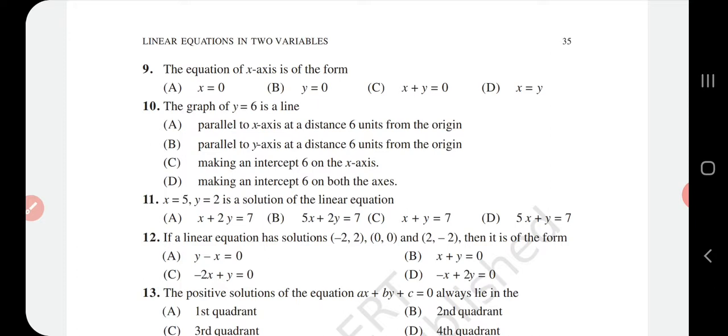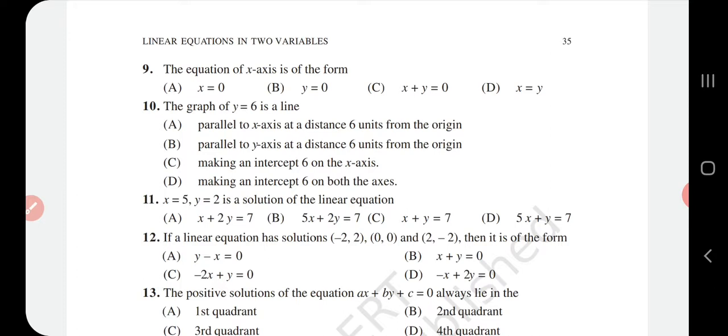See question number 10. The graph y is equal to 6 is a line parallel to x-axis. The given equation y is equal to 6 does not contain x.